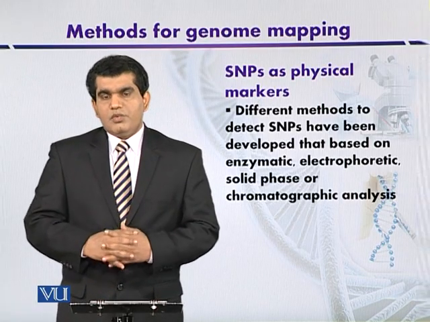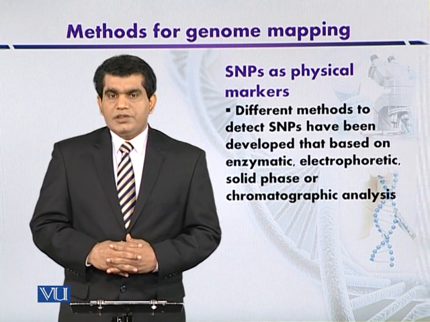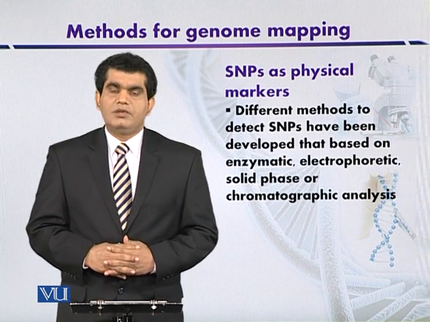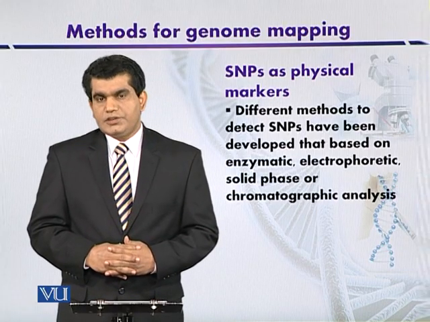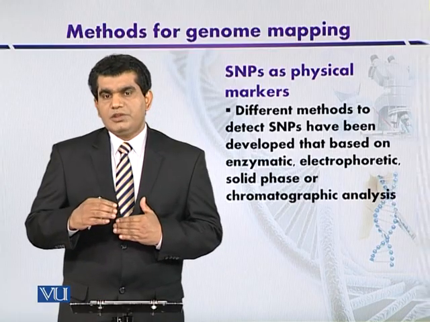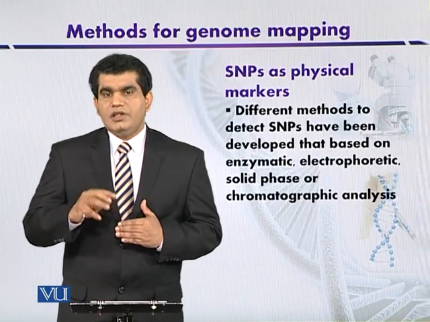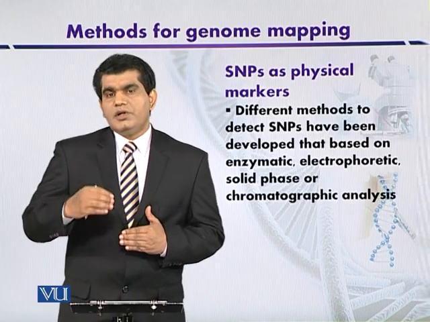And here the most common technique that is used is denaturing high performance liquid chromatography, or DHPLC. And here, if a single base pair substitution is there in the double-stranded DNA molecule, that may vary from one individual to another.